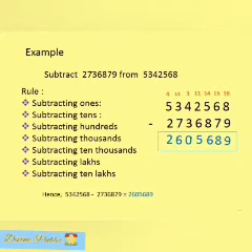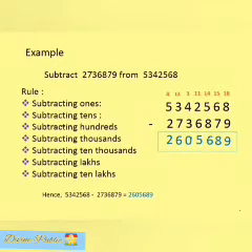And this way we'll get our answer: 53,42,568 minus 27,36,879 equal to 26,05,689.